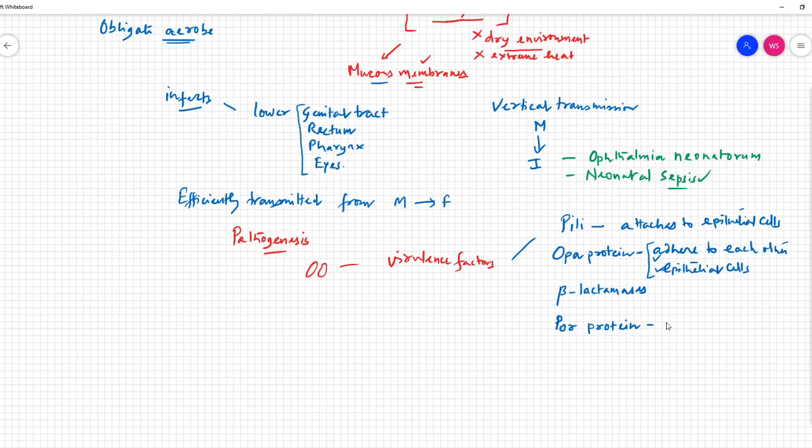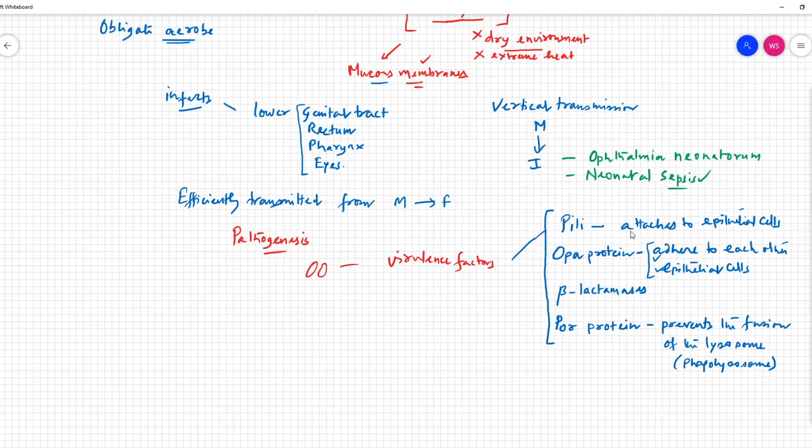What pore protein does is it prevents the fusion of the lysosome, specifically the phagolysosome, of the phagocytes. So these are the most important virulence factors.